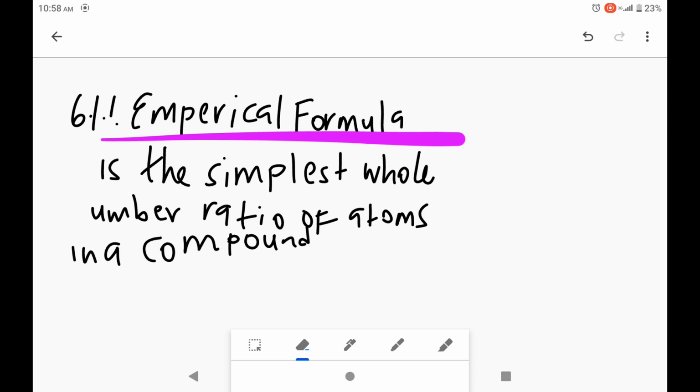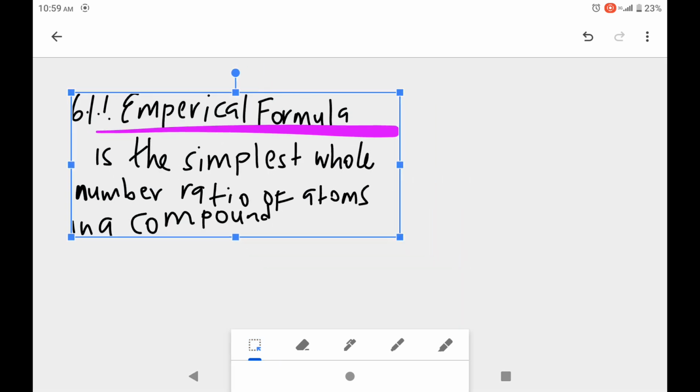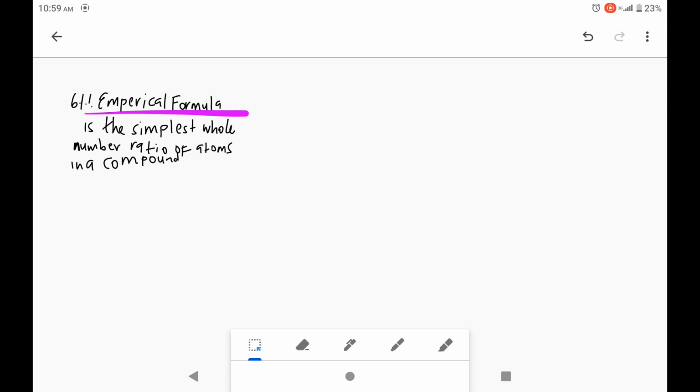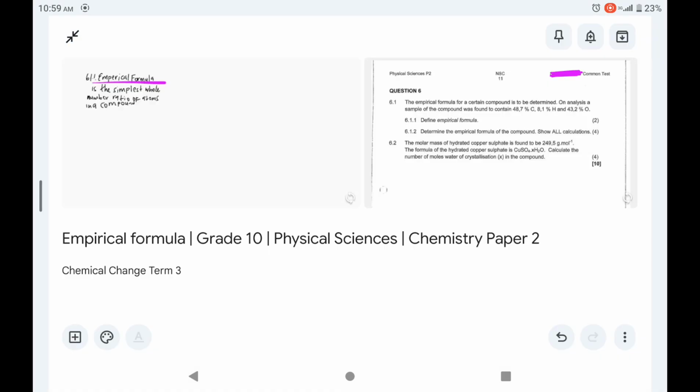Okay, I hope you can see it, let me write: simplest whole number ratio of atoms or element in a compound. That is empirical formula. Let me decrease this. So this is the definition. Okay, now let's go to the next question.